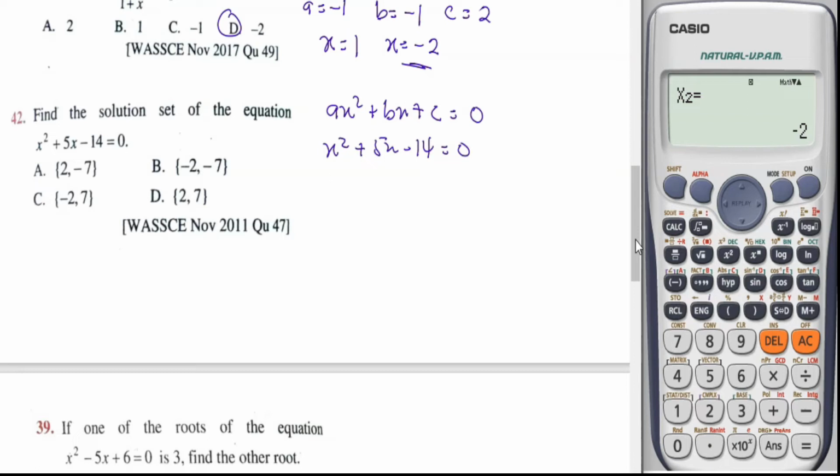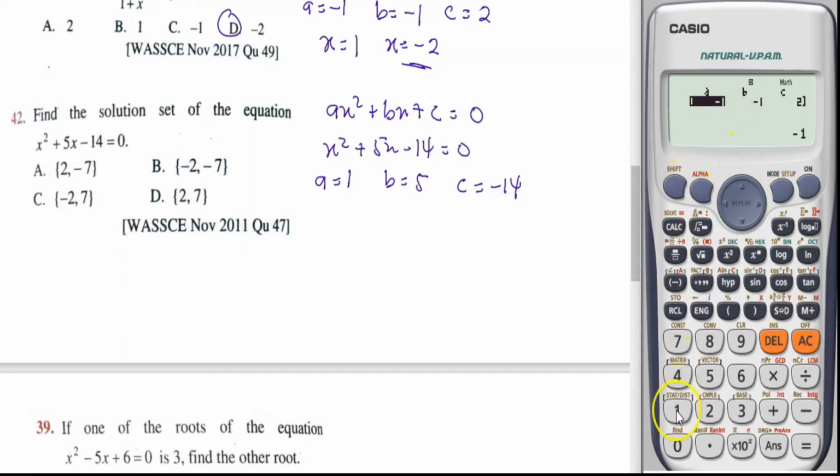Hence, with the calculator, our A value for that question is going to be 1, our B value is going to be 5, and then our C is going to be negative 14. So let's program it on the calculator. We're already in the mode, so we just key in the values.